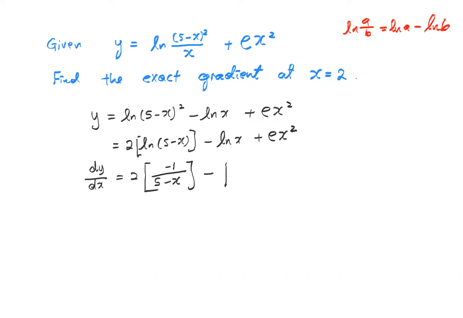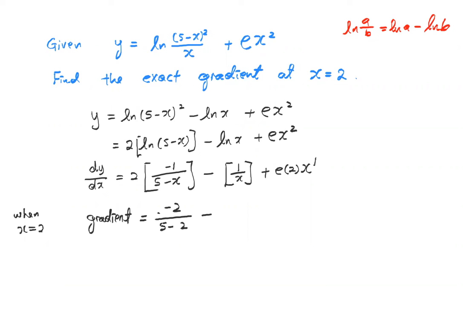Minus 1 over x, plus, okay, e is a constant, so it will be multiplied by the power, take away 1. Am I right? So now I say when x equal to 2, my gradient, so you see now I don't write dy dx, will be equal to negative 2 over 5 minus 2, take away 1 over 2 plus 2e times 2.